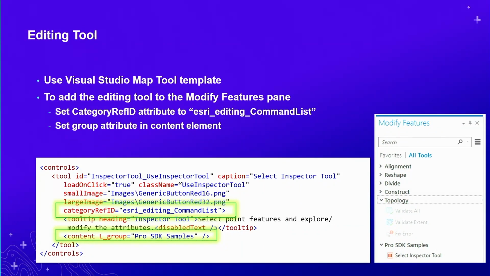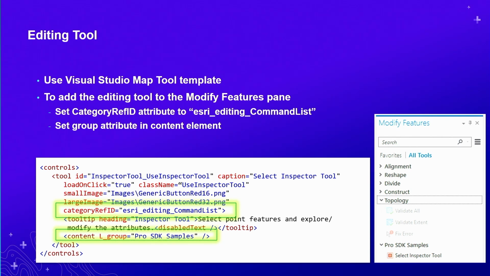So when I create an editing tool, in the config.daml that's created for me, I get the tool appearing, of course. If I do want it to appear in the Modify Features pane, I can simply add another attribute called categoryRefID and set that to esri_editing_CommandList, and that'll make sure it appears in the Modify Features pane.